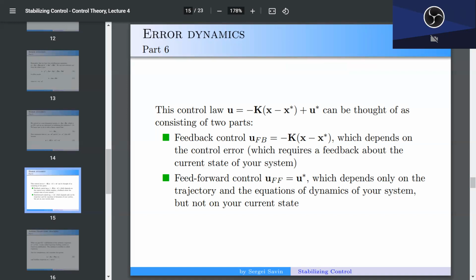So when your system became autonomous again, as here, right? Autonomous system. But it is autonomous only because you chose your control already. That we call closed loop. And you often come to discuss with people and they say, so do you talk about closed loop system or do you talk about your original system?